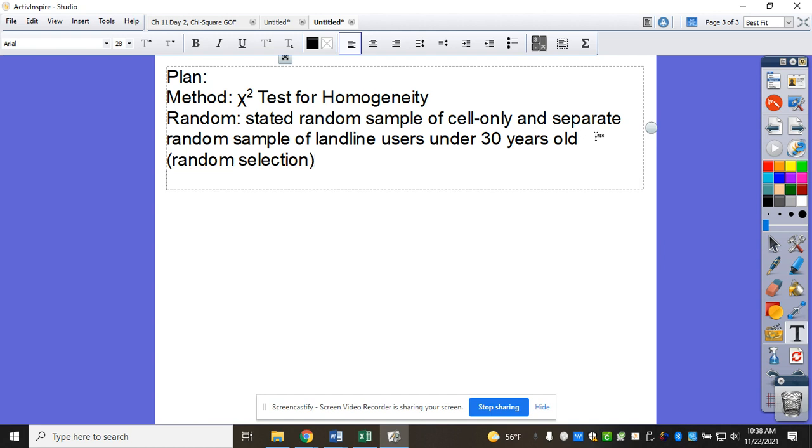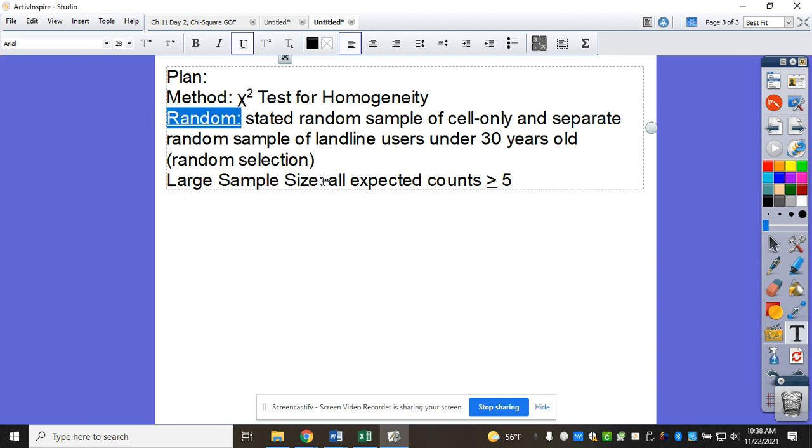What is my second condition that changes a little bit? And I'm literally checking to see that what? All expected counts are greater than or equal to 5. So I'm actually going to write that every time. And then here I'm basically just going to write in my expected counts matrix.